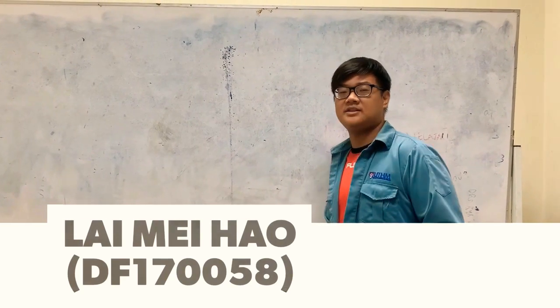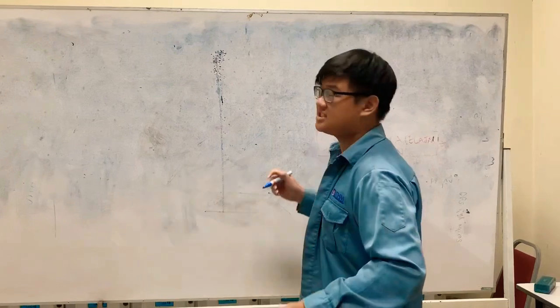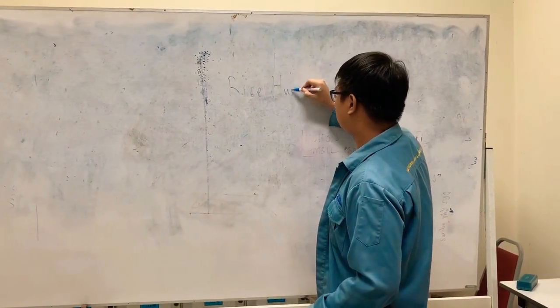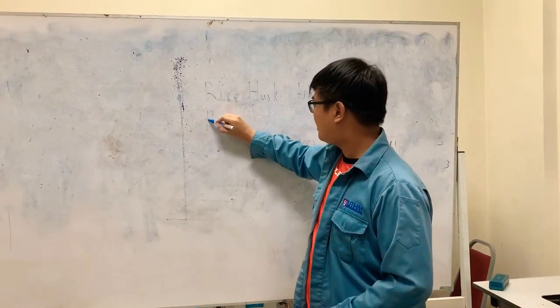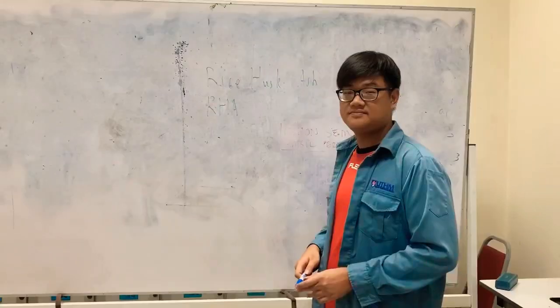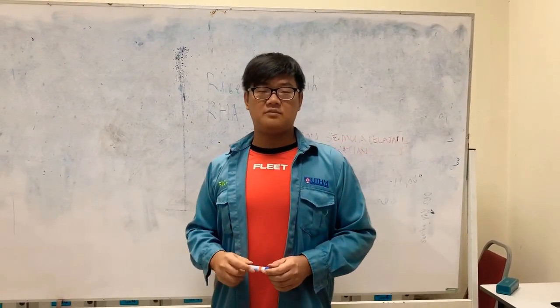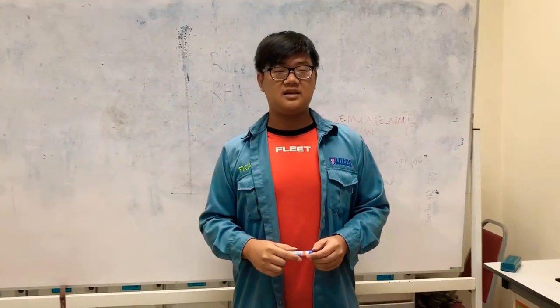So, the first method of stabilization is using rice husk ash, also known as RHA. RHA is a byproduct of waste from the processing of paddy.